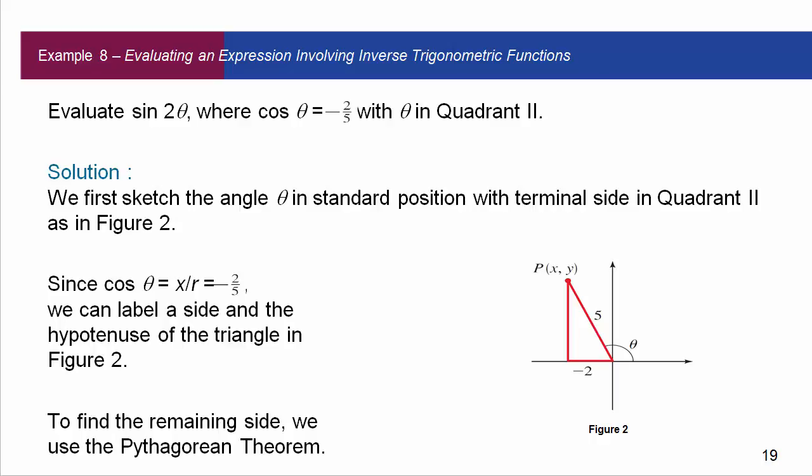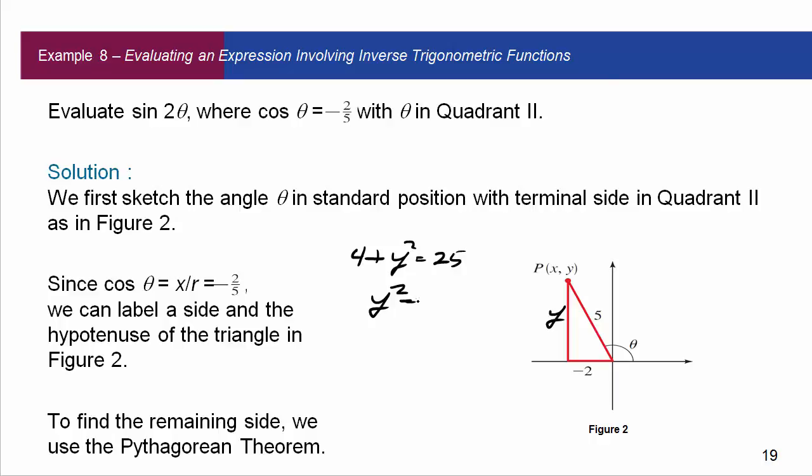Cosine is adjacent over hypotenuse, so that's where we get the 2 and the 5. Of course, the 2 is negative, right, because the hypotenuse is always positive. From our picture, we can now solve for this third side. By doing Pythagorean theorem, we know 2 squared is 4 plus, right, whatever y squared has to equal 5 squared, which is 25.